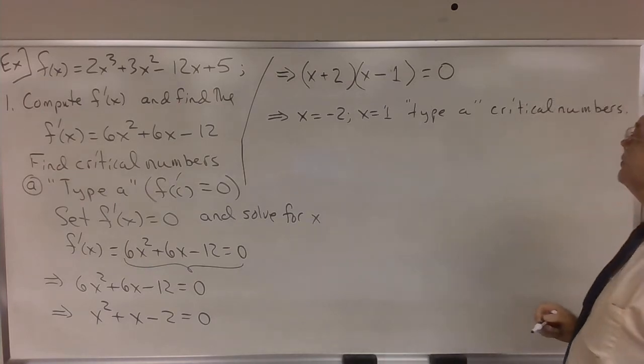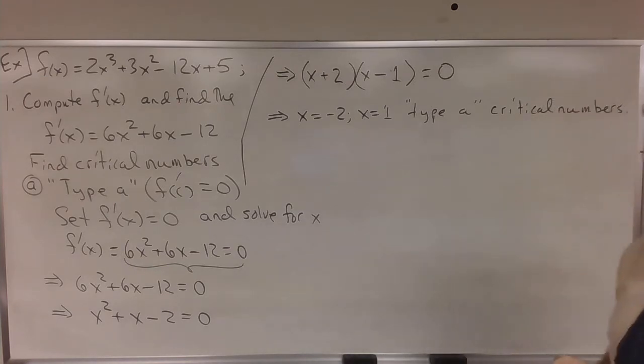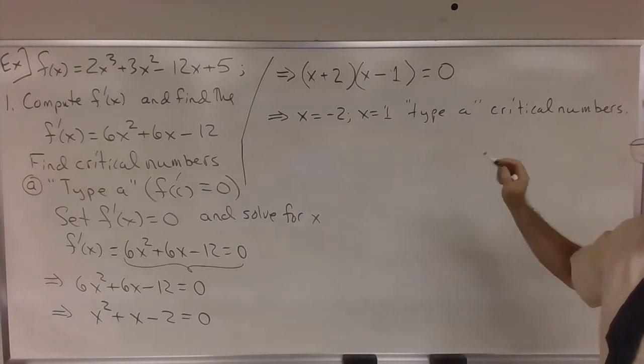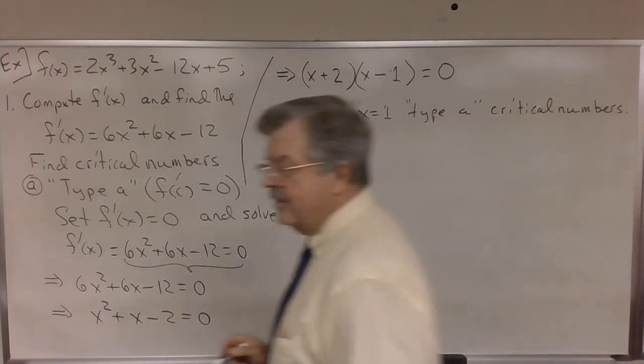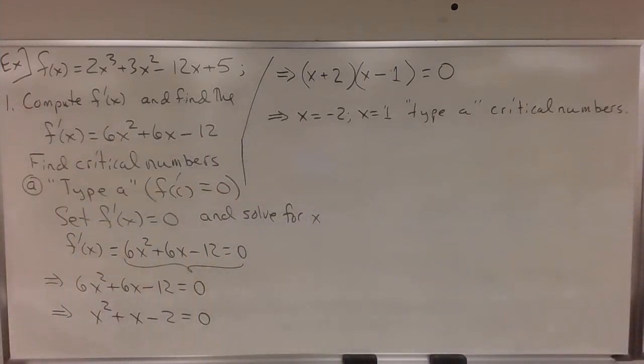So we have two type A critical numbers, x equal -2 and x equal 1. I've taken care of my type A critical numbers.